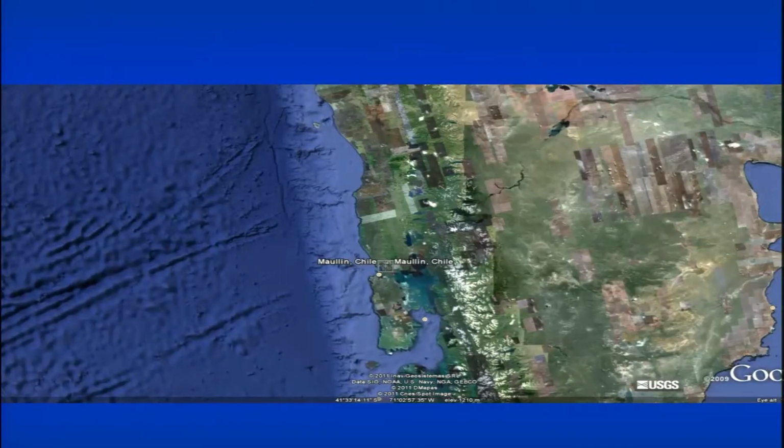We had an opportunity to look at the volcanoes here. Of course, they are active, but when we visited Chile, at that time it was not active.